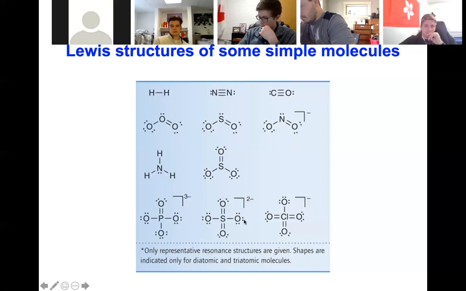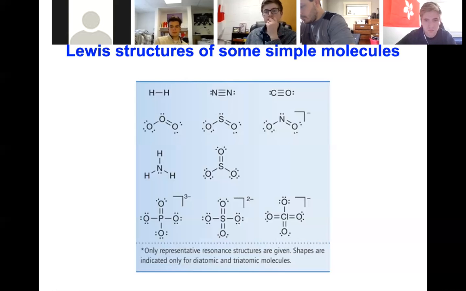Let's talk about oxygen. Oxygen is easier. Since each oxygen has 6 electrons, it just needs an additional pair to form an octet electronic structure, right?